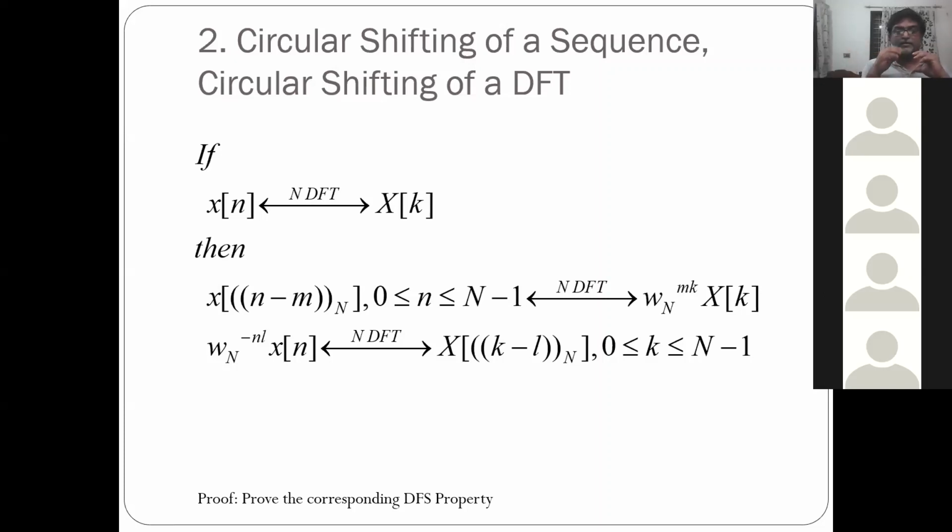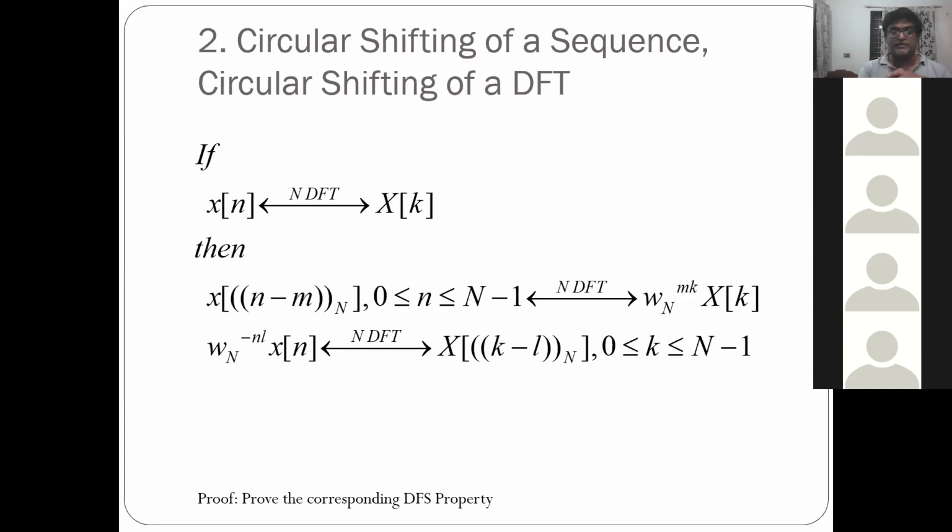You have seen the case of negative numbers as well. So x(n modulo N) would be a periodic sequence, which we call x tilde of n. So what is therefore x(n minus m)? x(n minus m) is x(n) delayed by m samples, right?